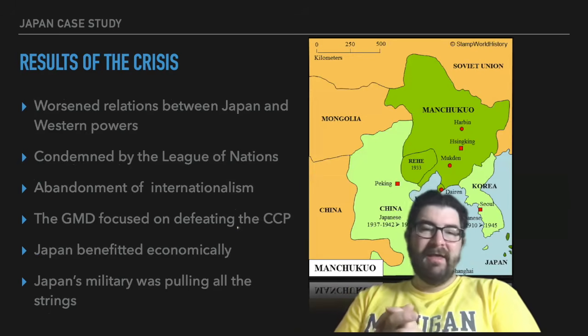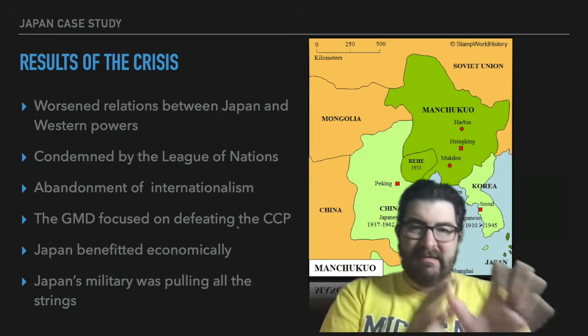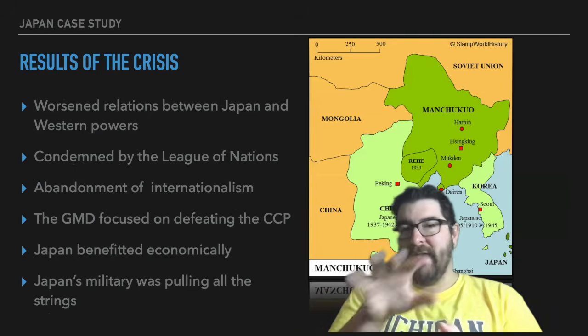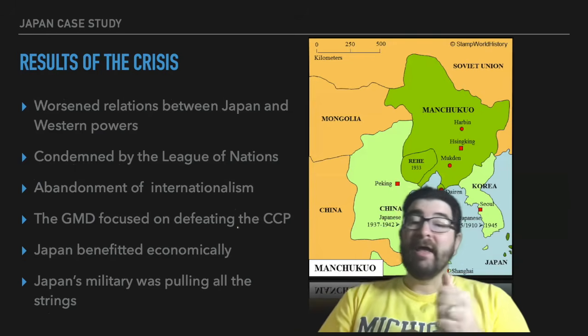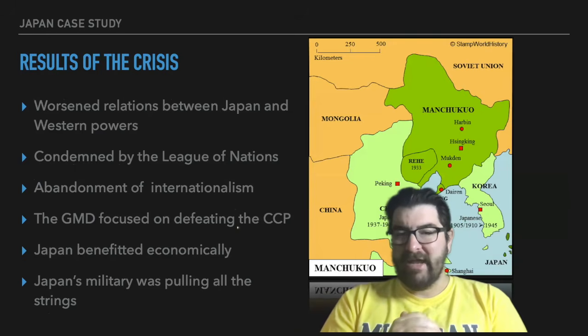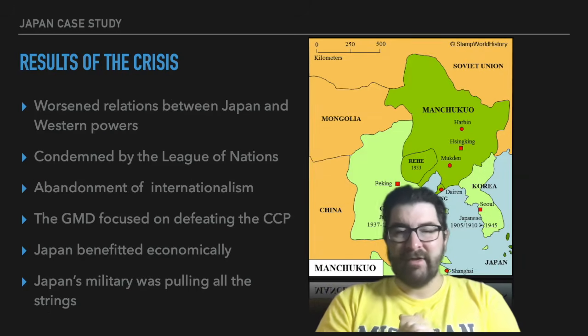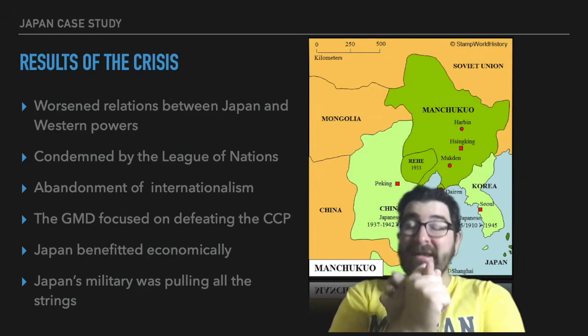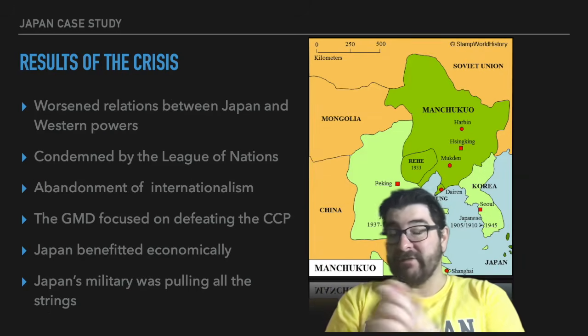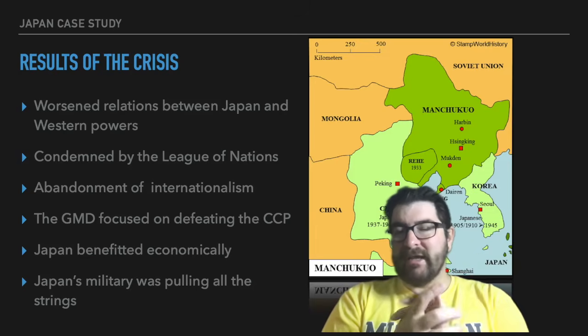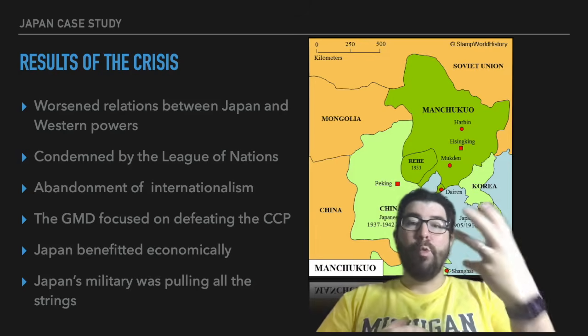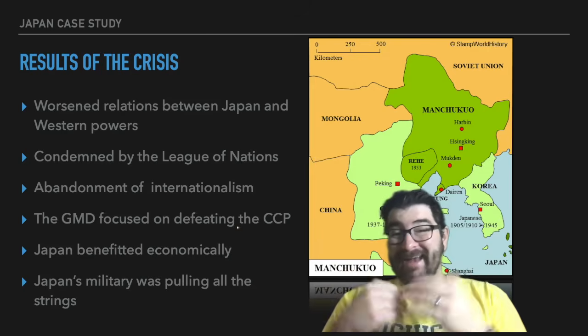Results of this crisis: it is going to deepen tensions between Japan and Western powers. It will be condemned by the League of Nations, and we'll talk more about that in a later video. It is an abandonment of Japanese internationalism. Remember the moves that Japan was making in the 1920s to try to work with other nations of the world. That is done.